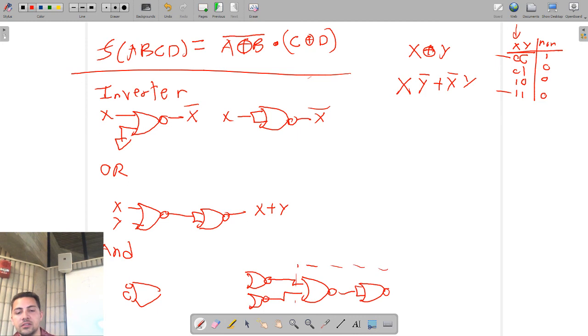So this, collectively, is an OR gate. Oh, actually, hold on. I take it back. We actually don't. That becomes, there we go. In AND, yes.